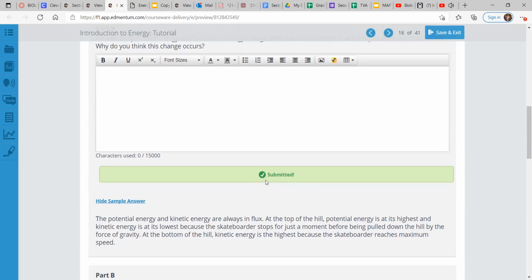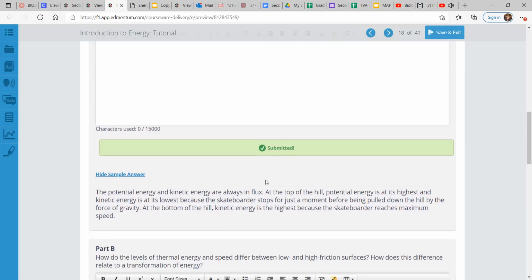When the person's at the top of the hill, potential energy is at its highest and kinetic energy is at its lowest because the skateboarder stops for just a brief moment before getting pulled down the hill by the gravitational force. At the bottom of the hill, kinetic energy is the highest because the skateboarder reaches maximum speed, maximum velocity.